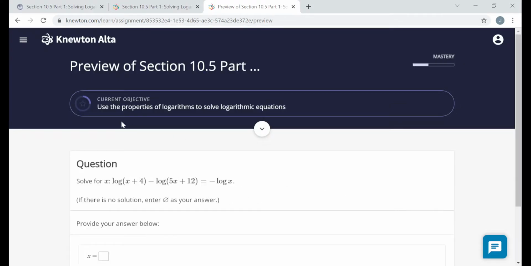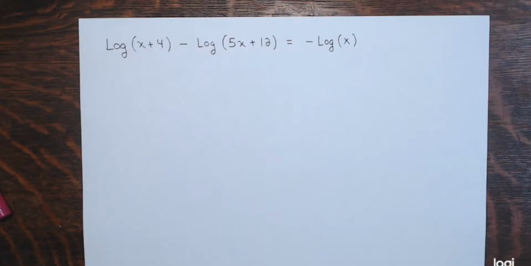So yet again, I have used the properties of logarithms to solve logarithmic equations. Again, every single term has a logarithm in it. So I should be able to use properties of logarithms and also that one-to-one property eventually and find my values of x that make this a true statement. Okay.